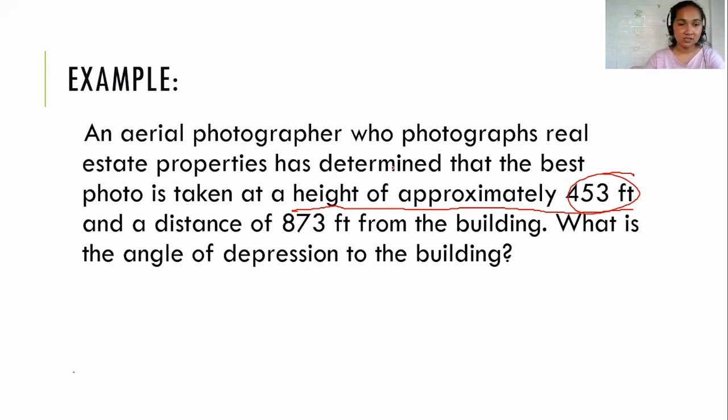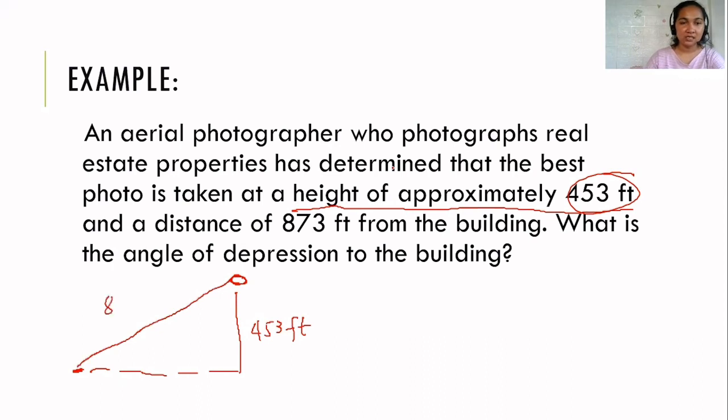If this is your building located here, the camera is over here at a height of 453 feet, and the distance between the building and this camera is 873 feet.